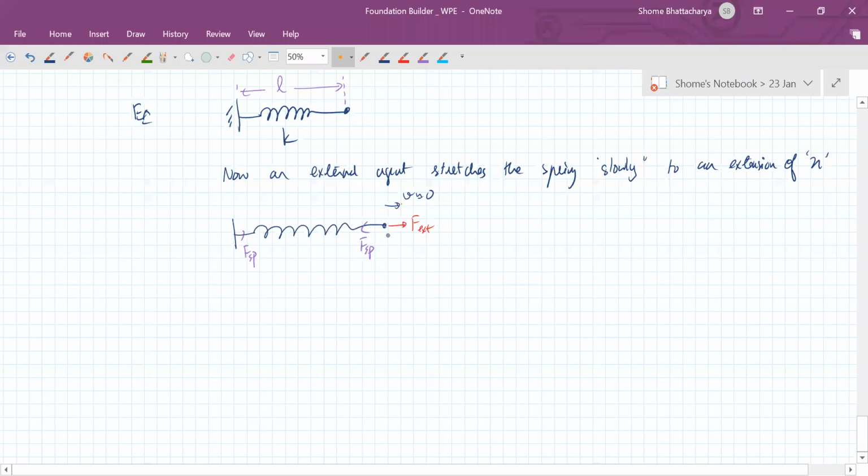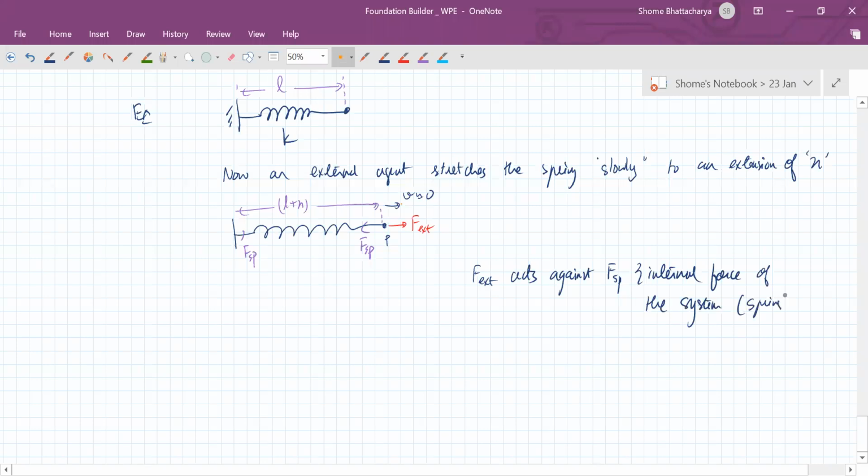So at the end point of the spring, the external agent will have to apply a force against the spring force in order to stretch it. So F external acts against the spring force, which is the internal force of the system. What is the system over here? It is the spring.